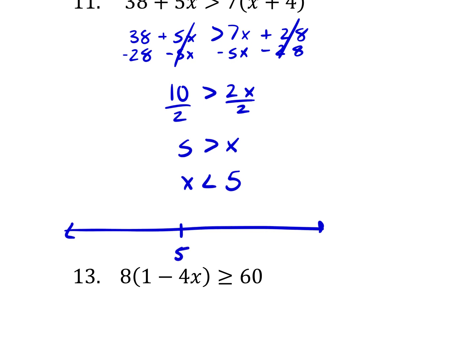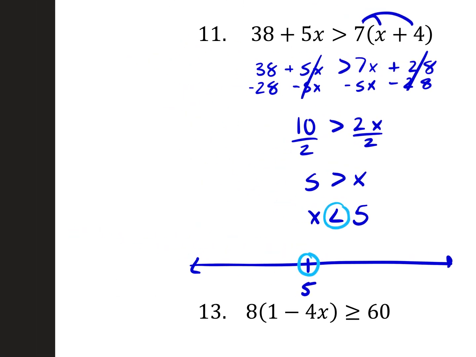At 5, do I have an open circle or closed circle? Open circle, because it's just a less than sign. So as a reminder, if we have less than or greater than, we put an open circle. If it's less than or equal to or greater than or equal to, it gets a closed circle. And open circles get parentheses, closed circles get brackets.